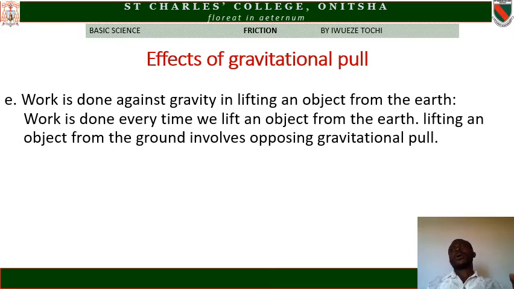So the gravitational pull is also responsible for opposing any object that's moving away from the surface of the earth. It will oppose the motion. It is also the force that is responsible for bringing down an object that is in space, bringing it down to the earth.